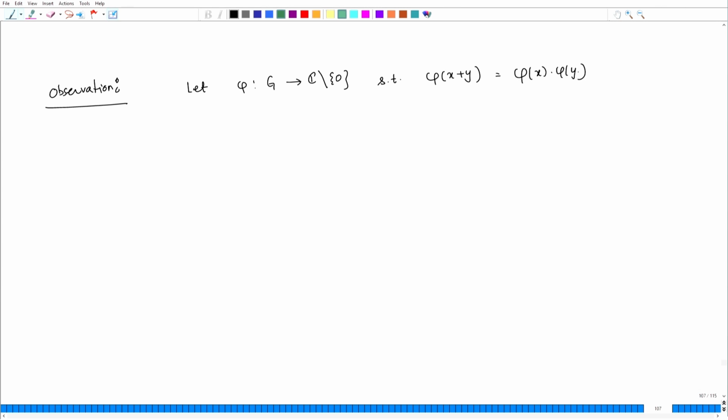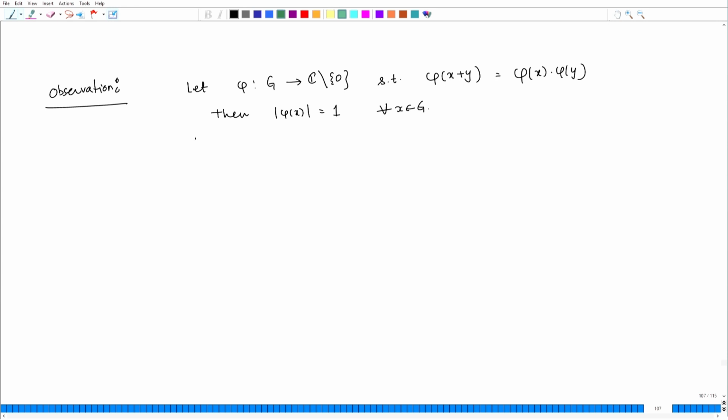If I am assuming that it is going to the punctured complex plane, then the modulus of phi of x is automatically 1 for all x belonging to G.